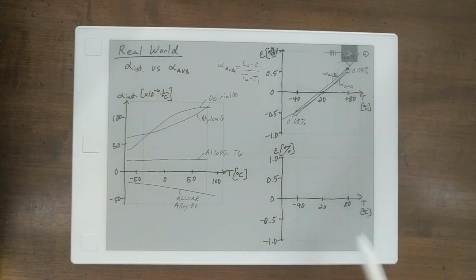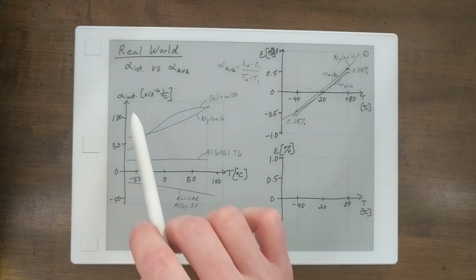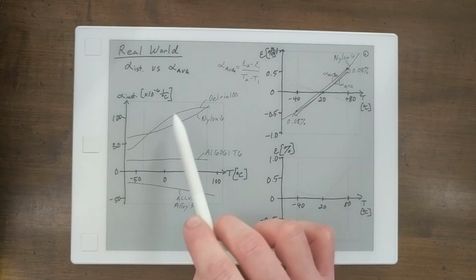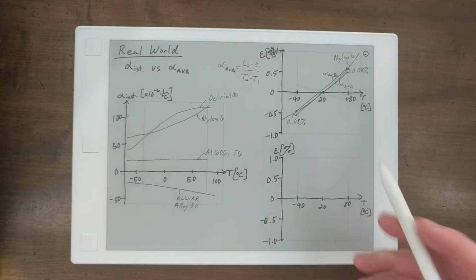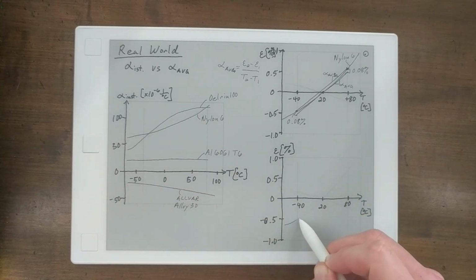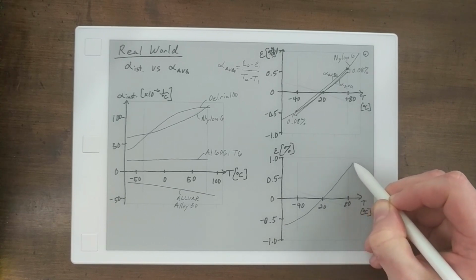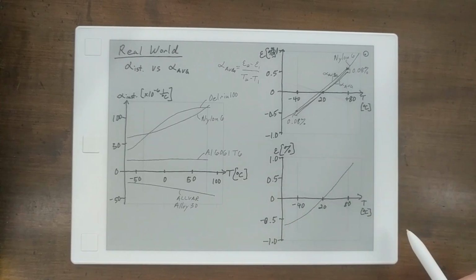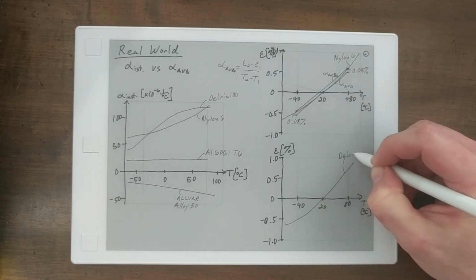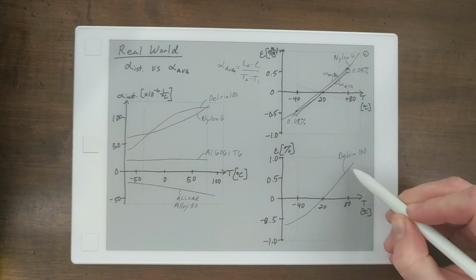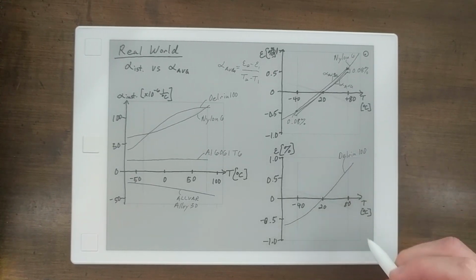So Delrin, although it has a slightly different curvature in the alpha instantaneous versus T curve, it shows somewhat of a similar response as the nylon 6. So this is Delrin 100, and that's what you would actually see in the real world.